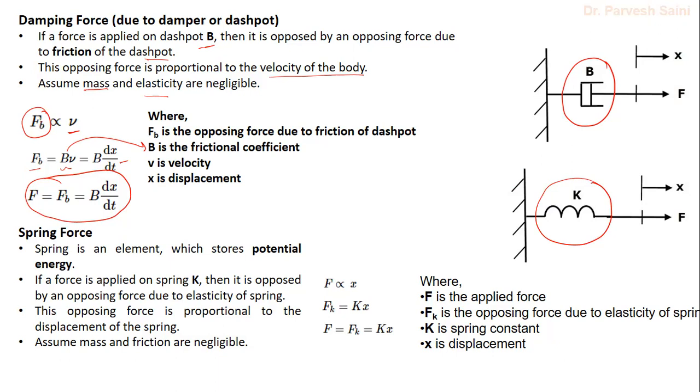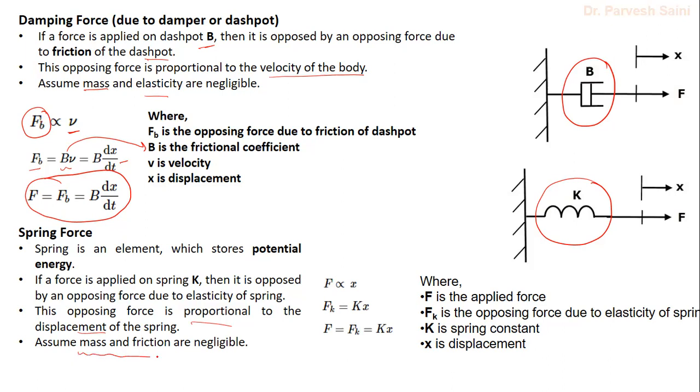When you stretch a spring, it tries to restore back to the original position, right? So the elasticity of the spring tries to oppose the applied force on it. This opposing force is proportional to displacement, right?